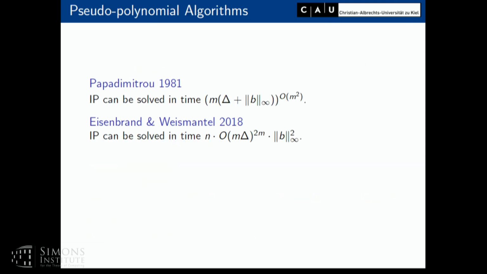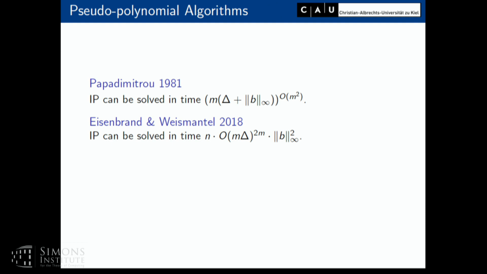So what's known? There were two algorithms, one by Papadimitriou in the 80s, with a running time where we have m squared in the exponent, m being the number of constraints. And recently this was improved by Eisenbrand and Weismantel using some other techniques, which I will also show you in the talk, where you have a dependence of only 2m in the exponent, times the right-hand side and the number of variables.